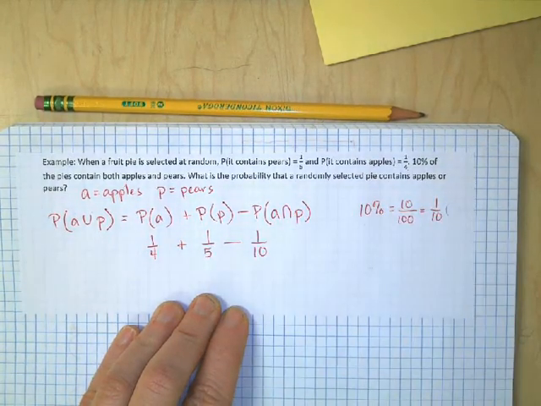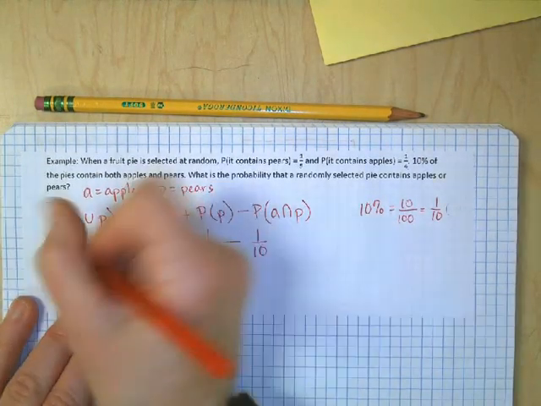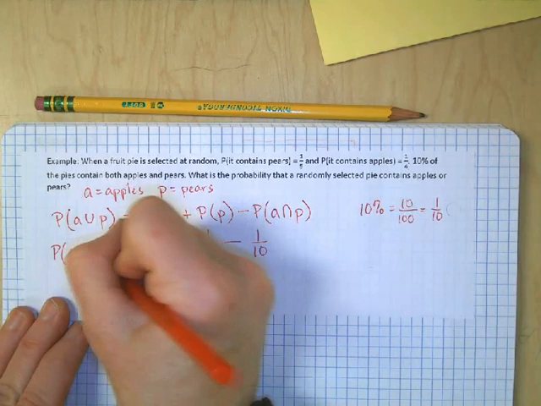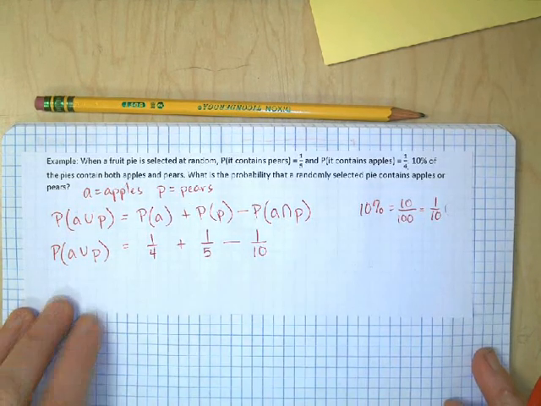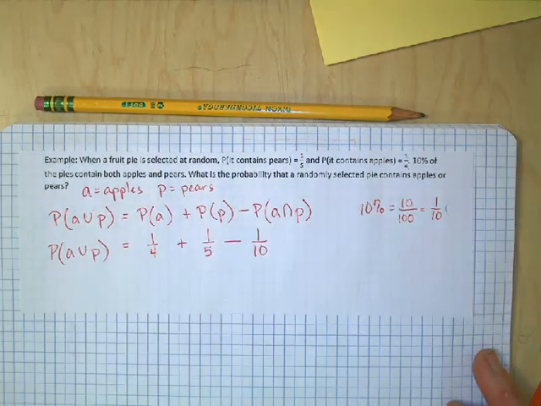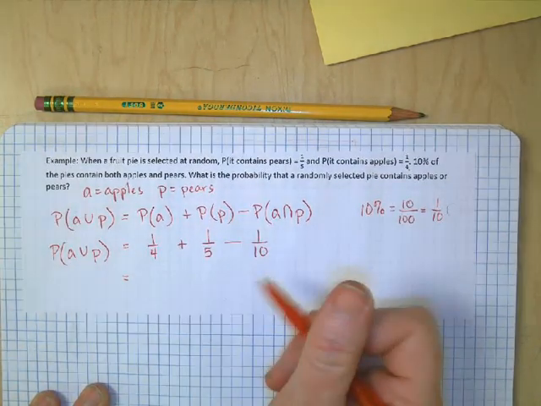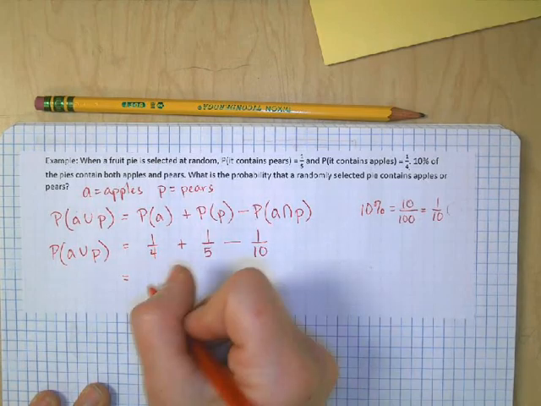And that is going to give me my probability of A or P, getting apple or pear. All right, so I need to rewrite these with common denominators. I can change all of these to a denominator of 20.